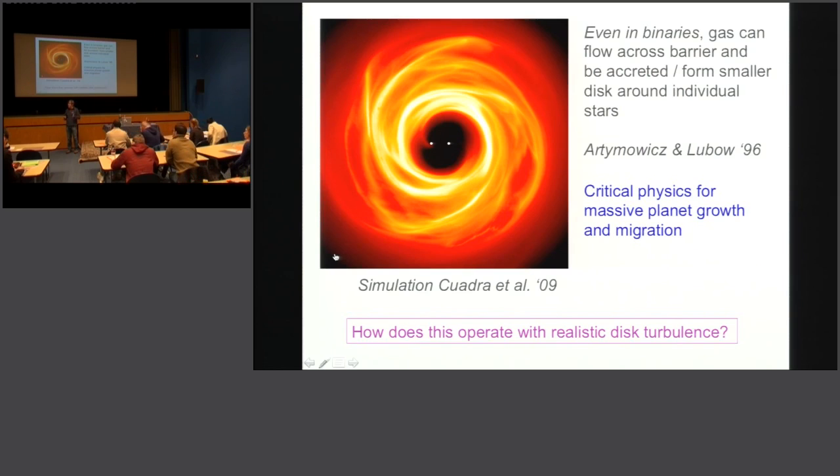In protoplanetary disks, it's not clear. Certainly, we can take the magnetic mechanisms that work in other disks and apply them to protoplanetary disks, and they will generally give some amount of angular momentum transport. But it may be that other processes, which we'll talk about tomorrow, which are more related to thermal effects in the disk, entropy in the disk, may also play a role, and we really don't know.